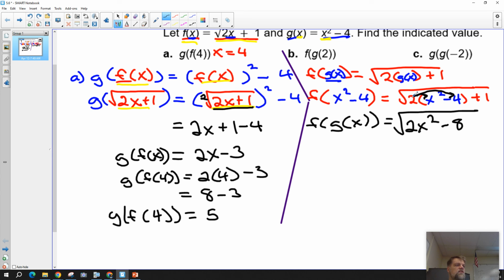And then I don't multiply anything by the plus 1, I just tack it on. So then in the next line, I've got 2x squared minus 7. But remember, I'm taking the square root of this whole thing.